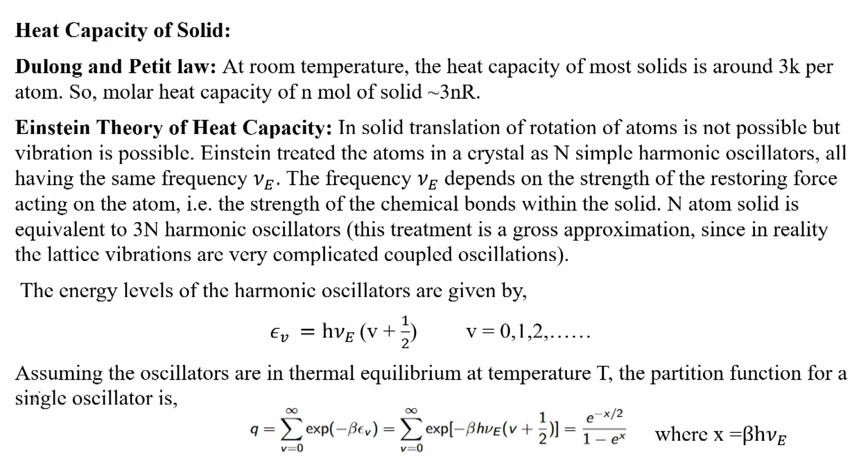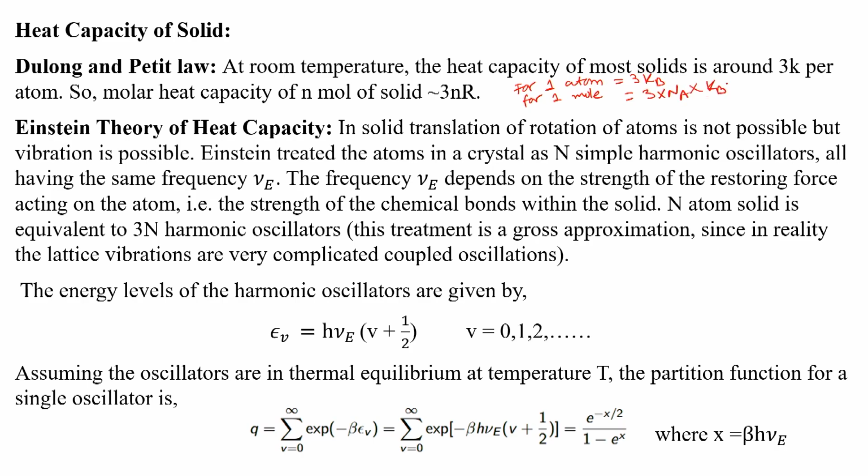So for 1 atom we get 3 kb, right? Heat capacity for 1 mole we get 3 times Na times Kb.